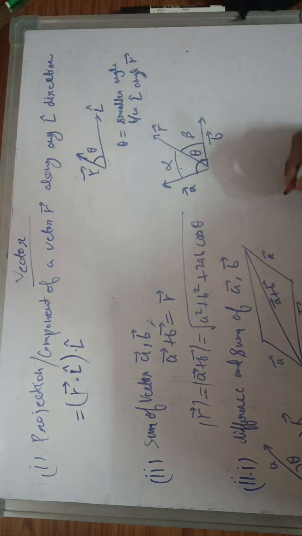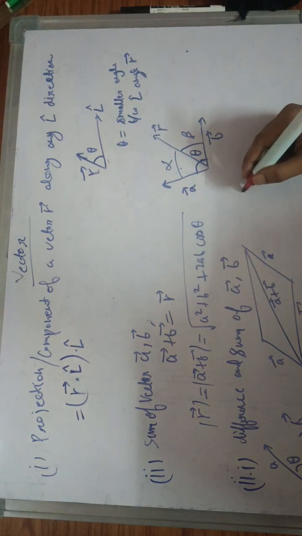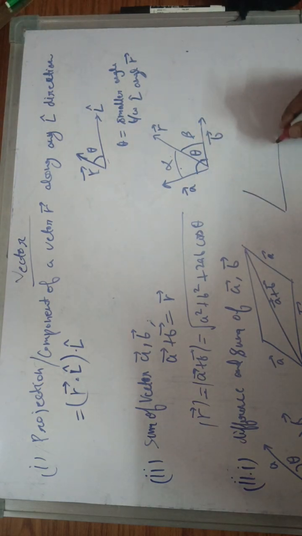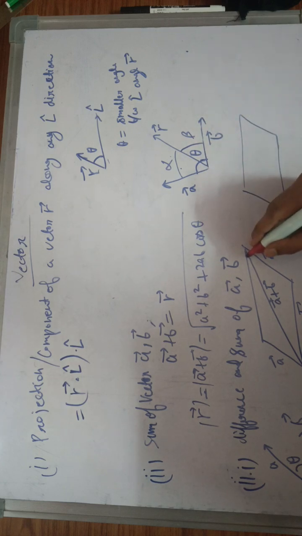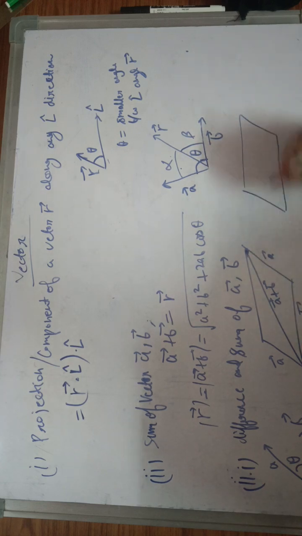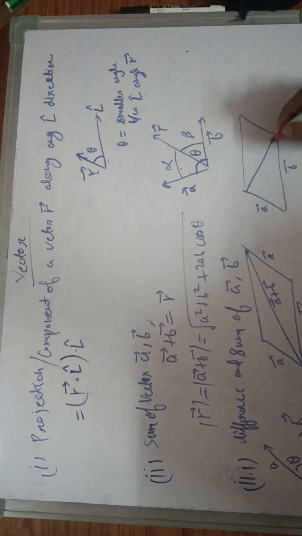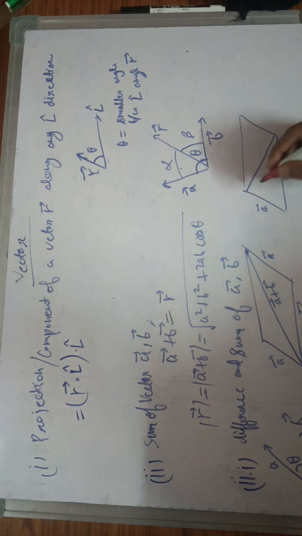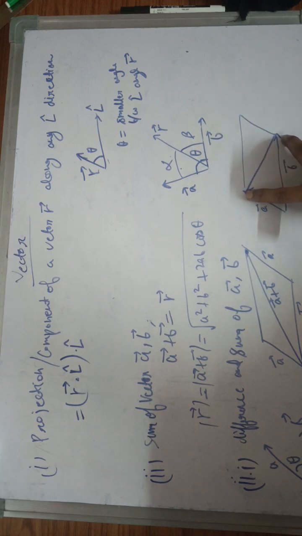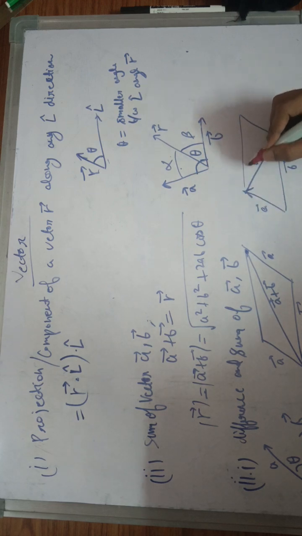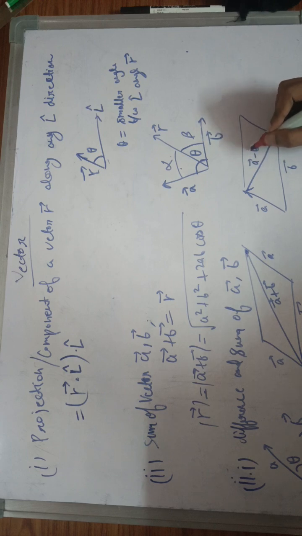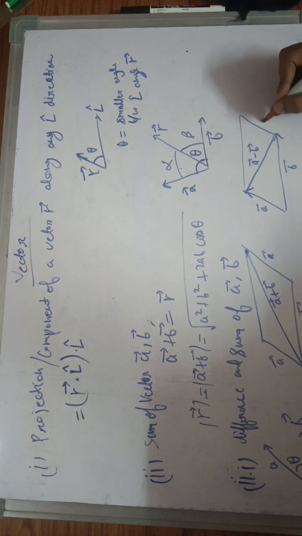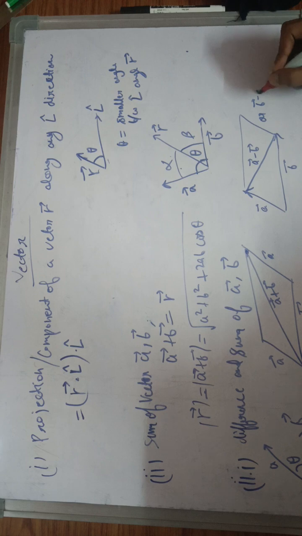Now this is the A vector, this is the B vector. In this case, this is the head of both vectors. Joining the heads of both vectors will give A vector minus B vector or B vector minus A vector.